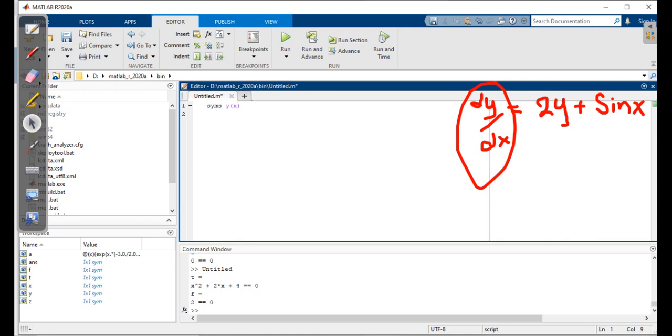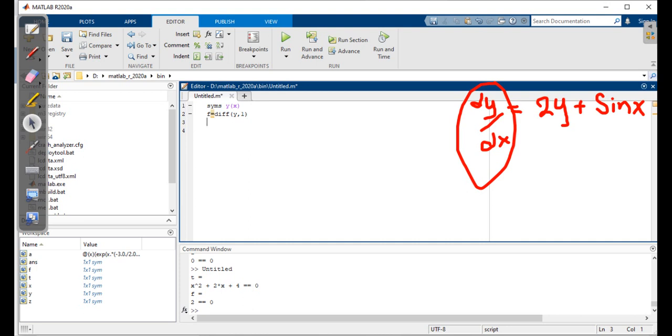Now take the first derivative with diff with respect to x, and then we are going to solve it.